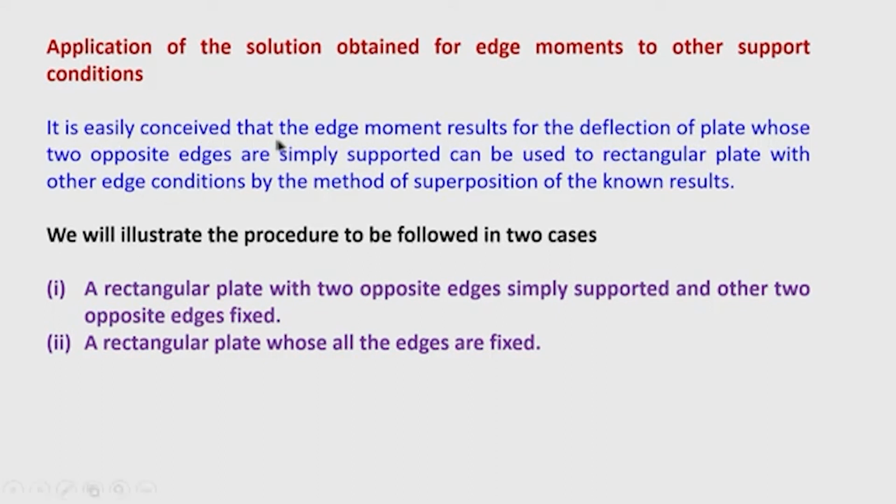It is easily conceived that the edge moment results for the deflection of a plate whose two opposite edges are simply supported can be used for a rectangular plate with other edge conditions by the method of superposition.